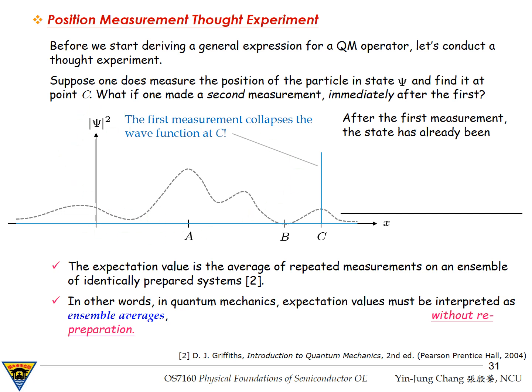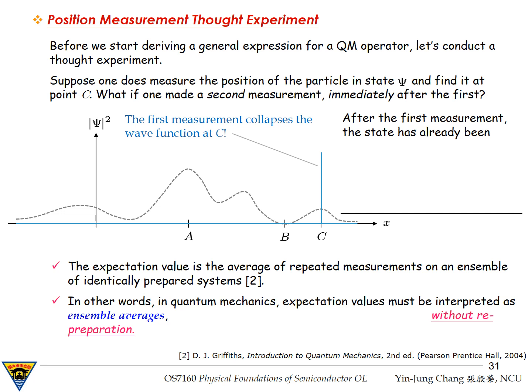The probability distribution is spread over a region of space. Suppose we perform a position measurement and find the particle at point C. Then what would happen if we immediately performed a second measurement?